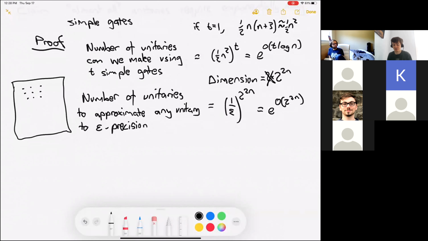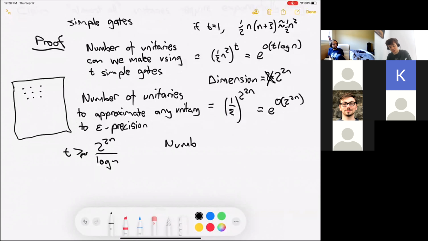And now we just need to compare the sizes of these two things. And we find that T needs to be asymptotically greater than or equal to 2 to the 2n over log n.